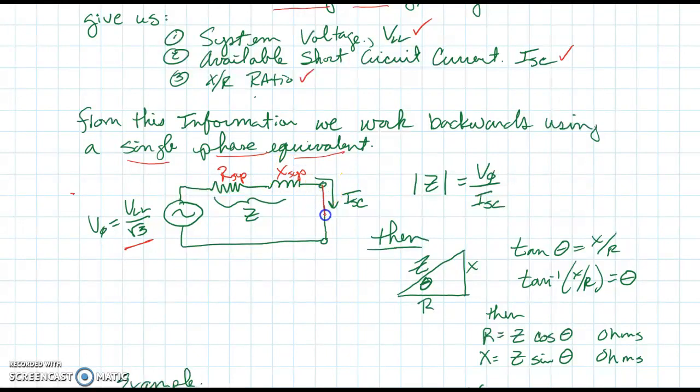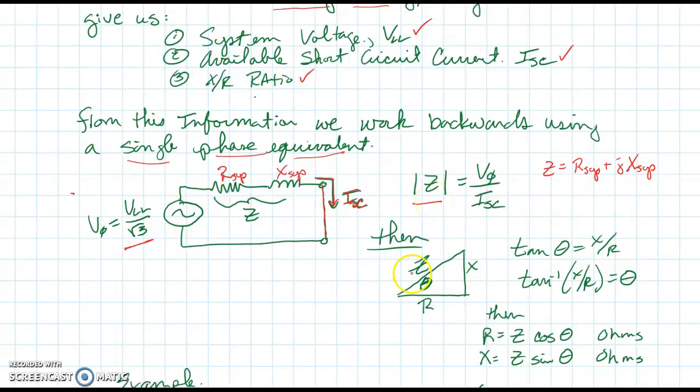We short-circuit it, and we allow the short-circuit current they gave us to flow. Then we can calculate the magnitude of the impedance, where Z is equal to R sys plus jX sys. So we can get the magnitude of Z.